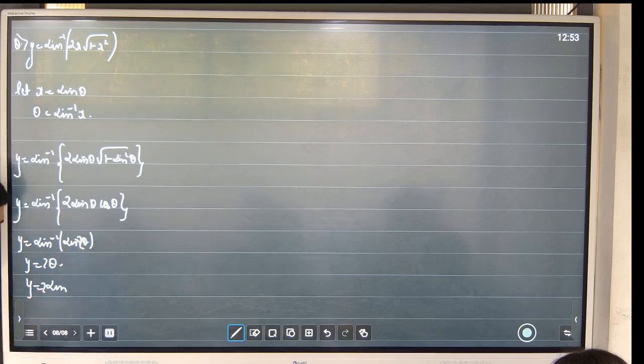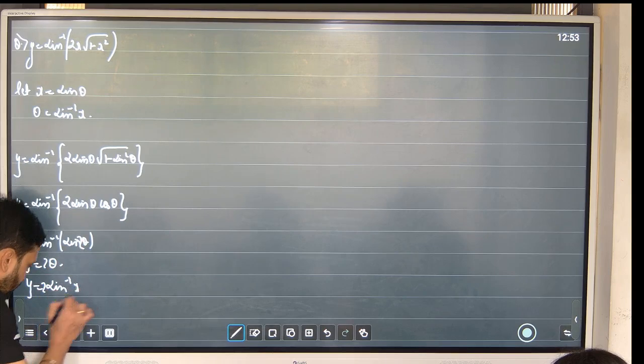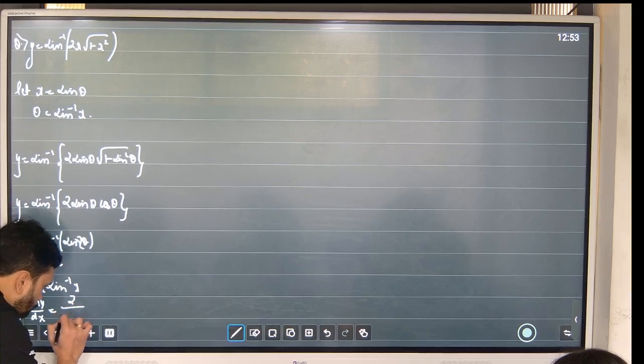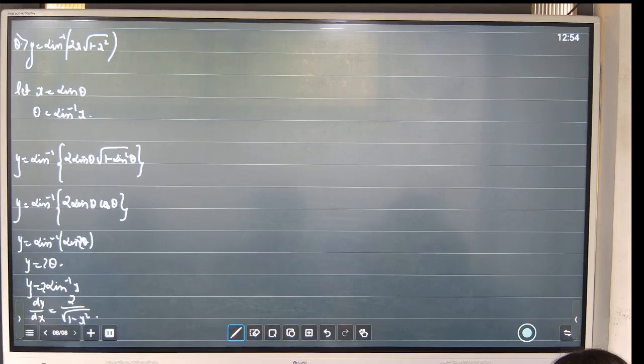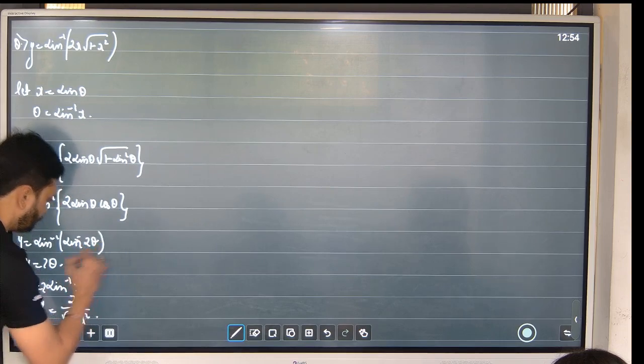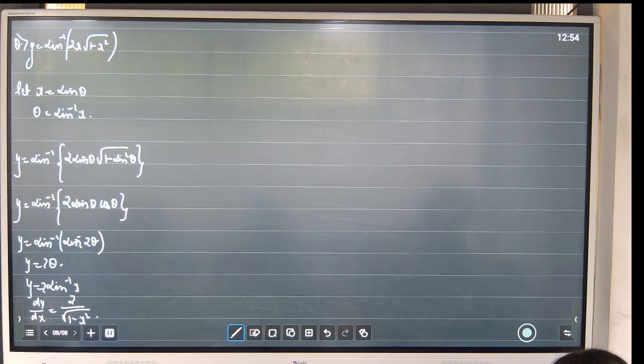Therefore, y is equal to 2 sin inverse x. Therefore, dy by dx is equal to 2 upon under root of 1 minus x square. Any doubts? Has everybody understood this?